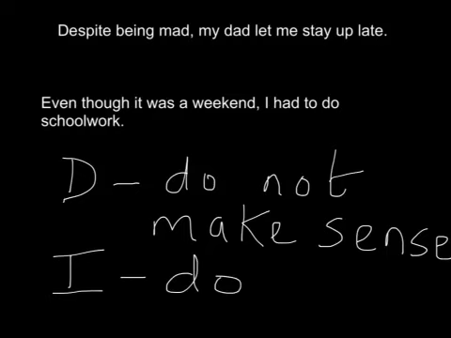So, despite being mad, my dad let me stay up late. Despite being mad is most clearly dependent. Despite being mad starts with a subordinate conjunction and has my dad let me stay up late as the independent clause, the bit that makes sense by itself. Dependent, independent.